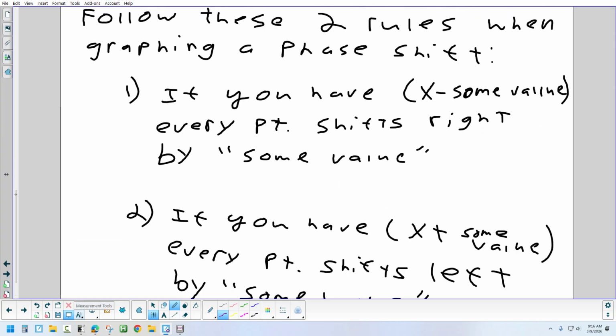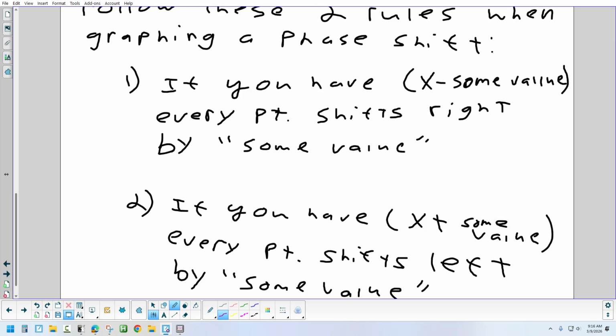So those are the 2 rules that describe the directions that something can shift. X minus a value will shift it to the right. X plus a value will shift it to the left. And for a lot of people, that's the opposite of what you would think.